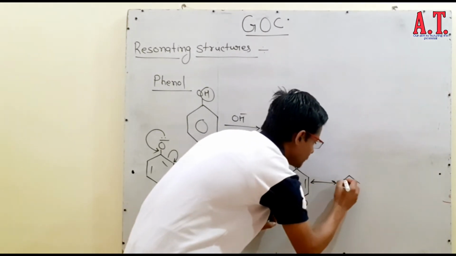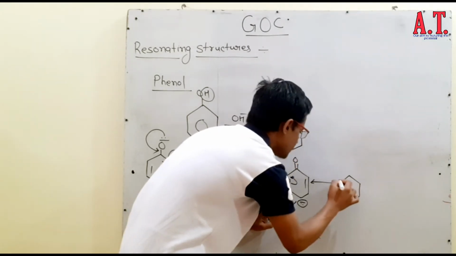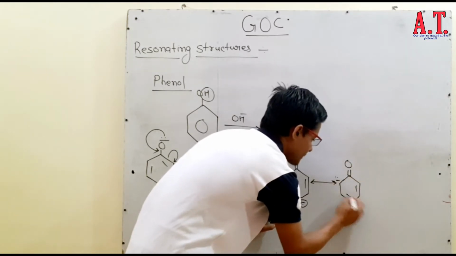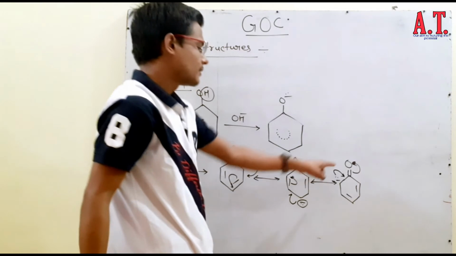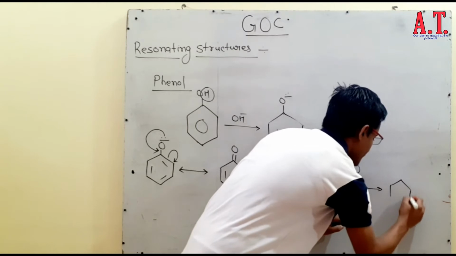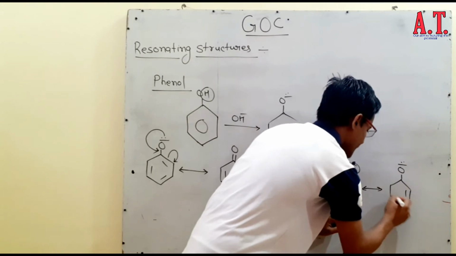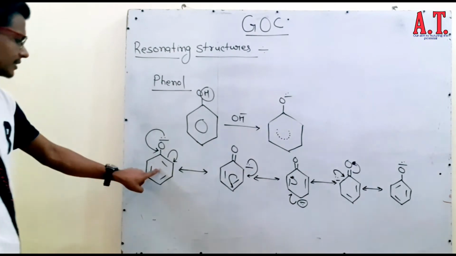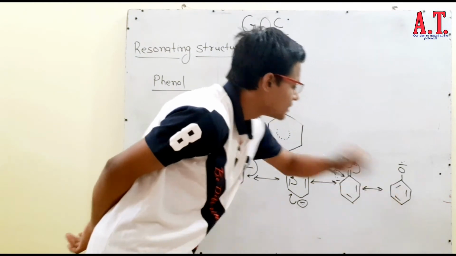It is very easy when you understand the entire concept of how you can draw the resonating structures. It will be very enjoyable for you. And again, this lone pair attacks the pi bond and results in this form. Initially the orientation of pi bonds is in this manner, and in the last we get the orientation of pi bonds in this manner.